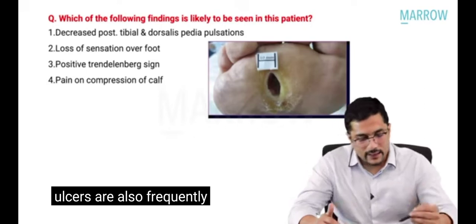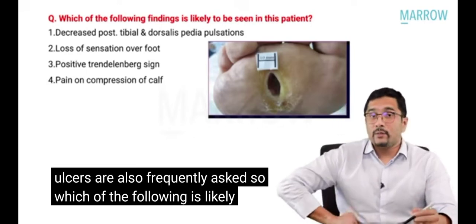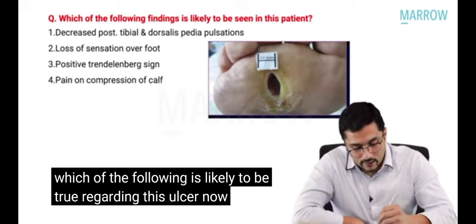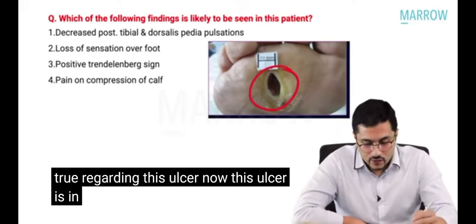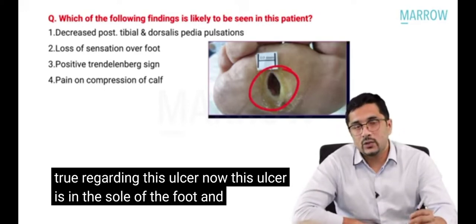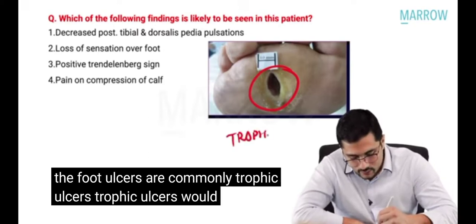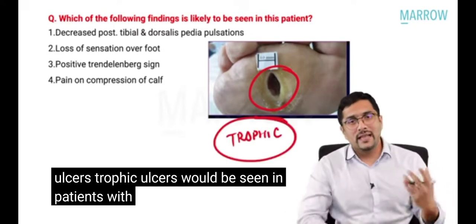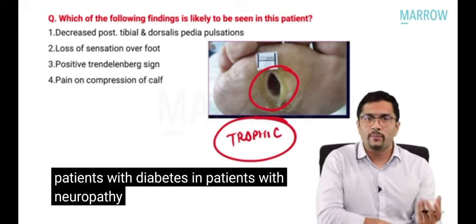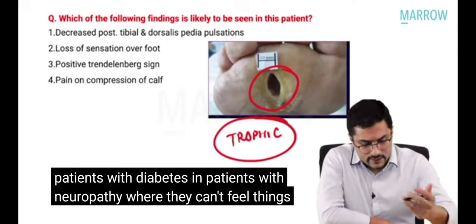Ulcers are also frequently asked. So, which of the following is likely to be true regarding this ulcer? Now, this ulcer is in the sole of the foot, and sole of the foot ulcers are commonly trophic ulcers. Trophic ulcers would be seen in patients with diabetes, in patients with neuropathy where they can't feel things.